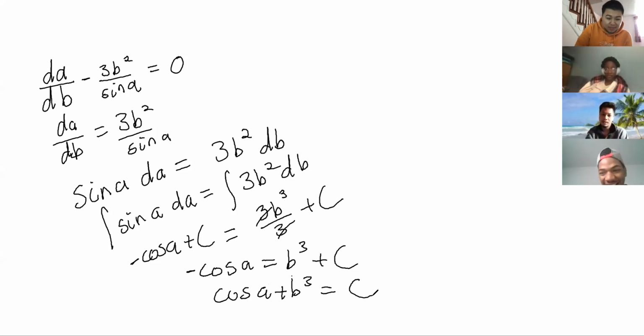Okay. So we have our differential equation now, and we're gonna find a solution when a equals 0 and b equals 0. I guess that means separately, when a is 0, b is 0, not together, I think.